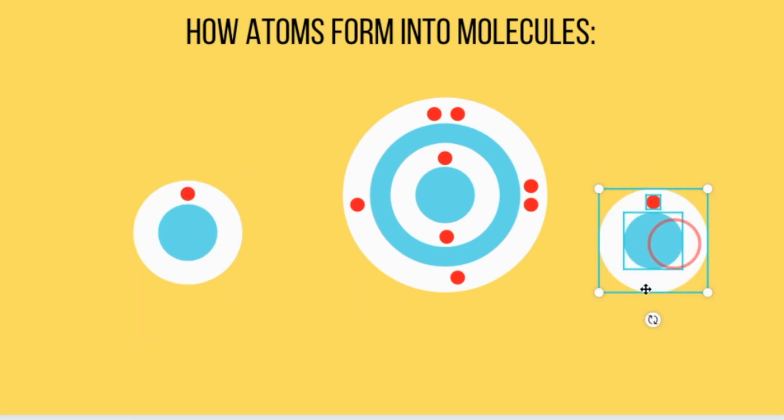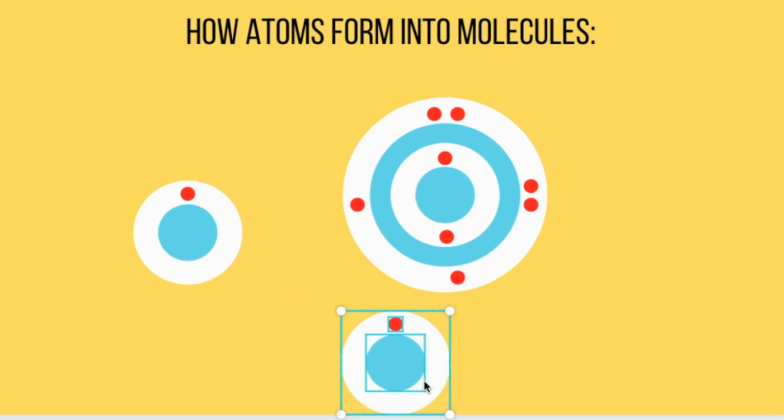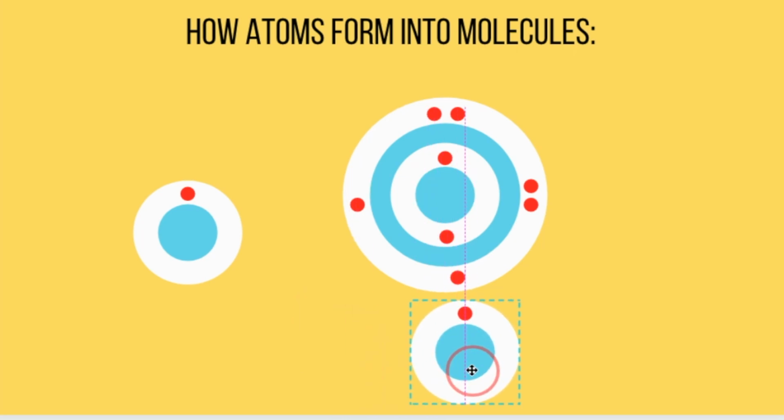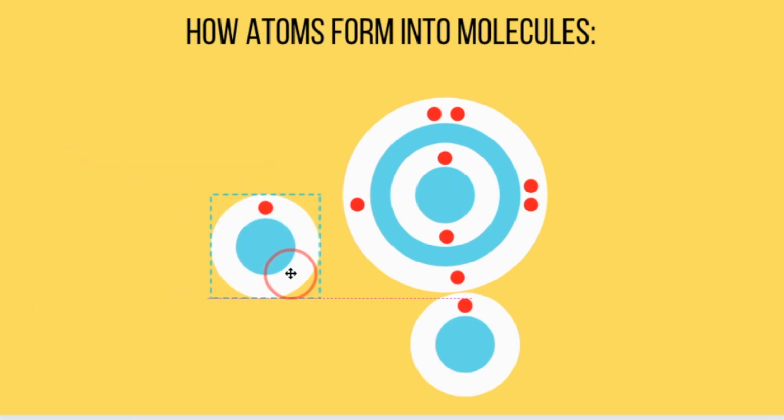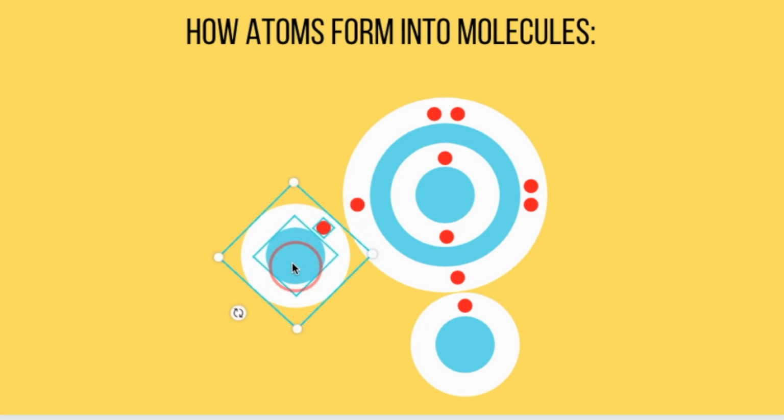Now, these 2 hydrogen atoms, all they need to do is get 1 more electron each. And this oxygen atom just so happens to need 2 more electrons. So what are we going to do? Those hydrogen atoms are going to share their electrons with oxygen.